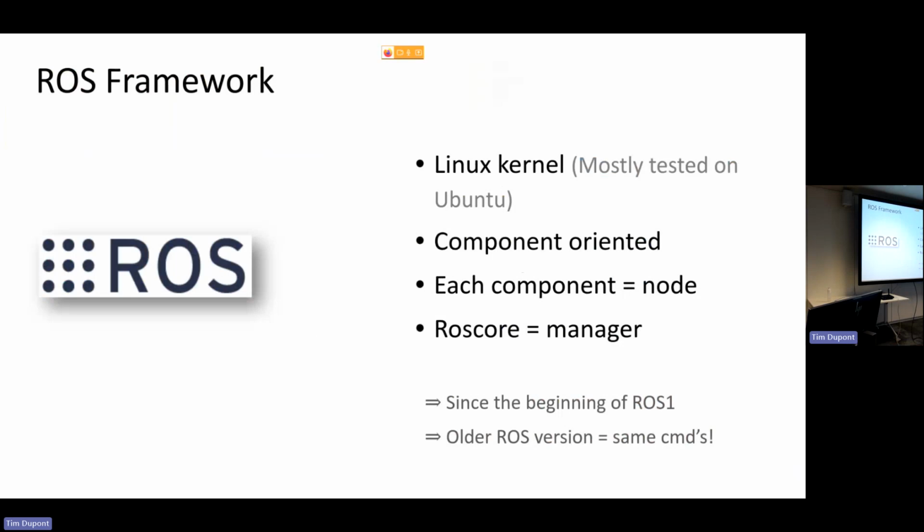It's also mostly tested on Ubuntu. That's why we run Ubuntu Linux. ROS2 is just a completely different beast and can run on embedded devices and stuff like that. So if there's need for knowledge of ROS2, we can also organize a ROS2 workshop in the future if it's needed.